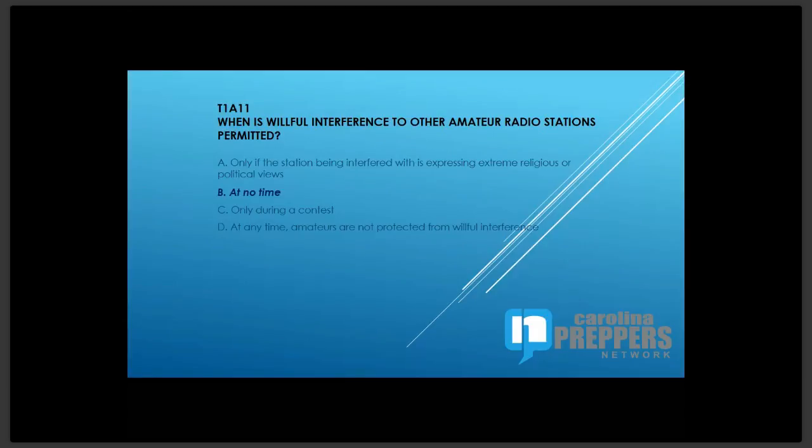A contest, by the way, is what the name says. It's a contest, but what it is is a ham radio operator tries to make as many contacts within a certain time frame. At any one time, there's always a contest happening on the radio at all times.